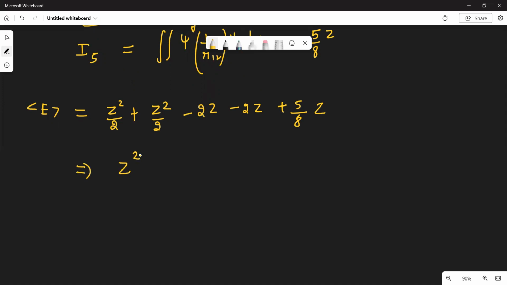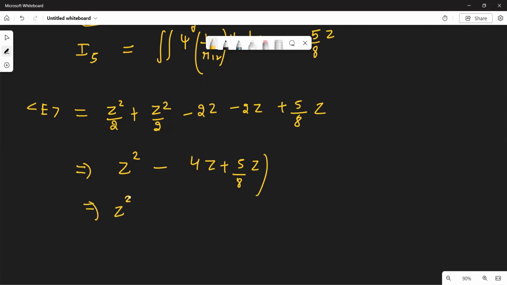Right? And after this, we will solve the third, fourth and fifth terms. So we will get minus 4z plus 5 by 8 into z. We will solve it by using the LCM.